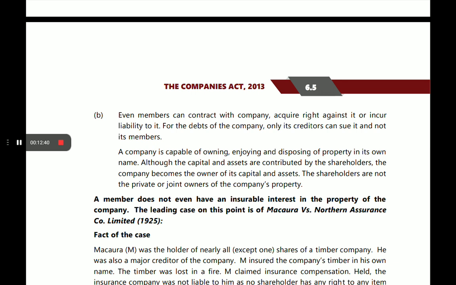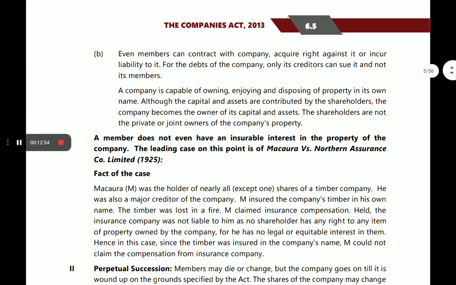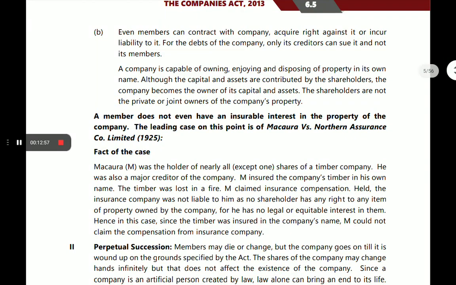The shareholders are not the private or joint owners of the company's property. A member does not even have an insurable interest in the property of the company.